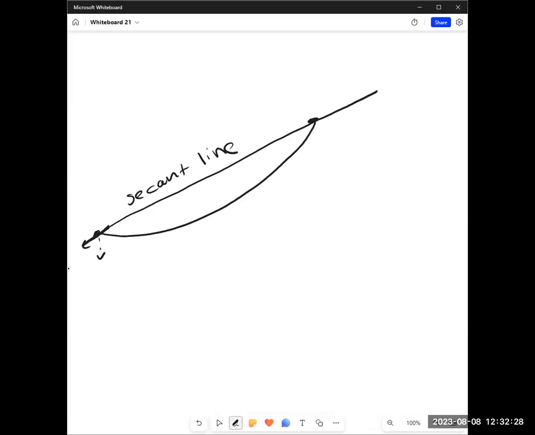But if these points are fairly close to one another, then I can just use the difference quotient idea here to approximate them. It's really the same thing, but if I call this point here x, f of x, and this point over here x plus h, f of x plus h, then I've got my difference quotient for the slope of my secant line.